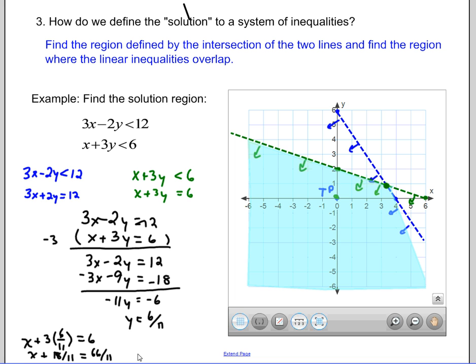So we would subtract 18 over 11 from both sides of that equation to give us x equals 66 minus 18, so 48 elevenths would be our answer here.